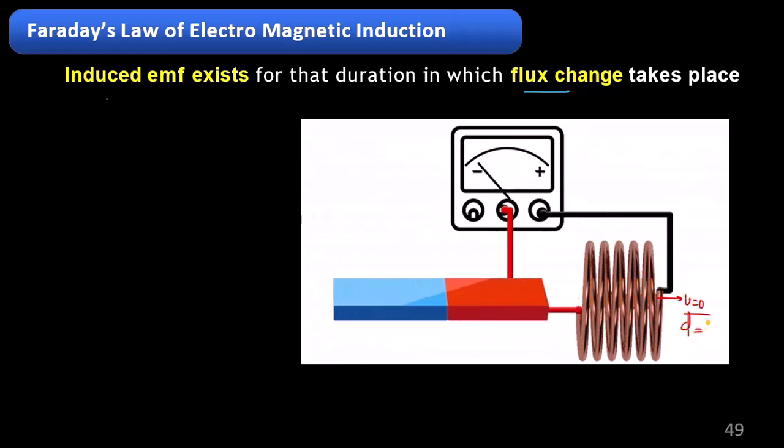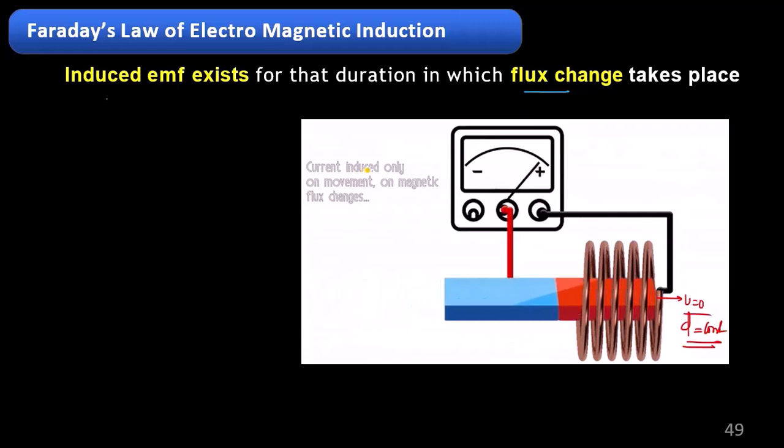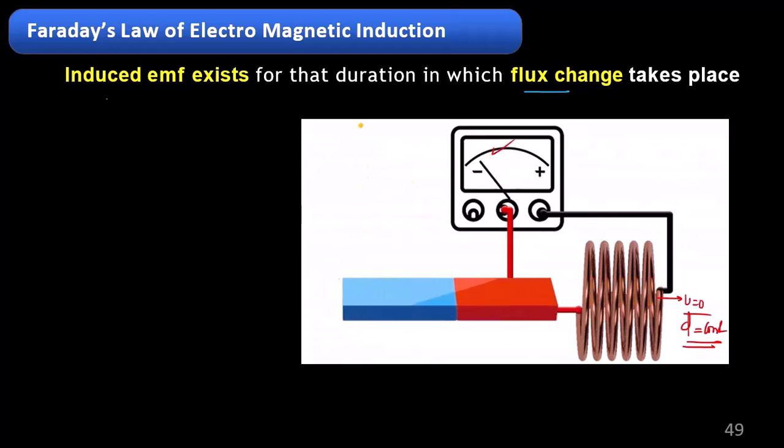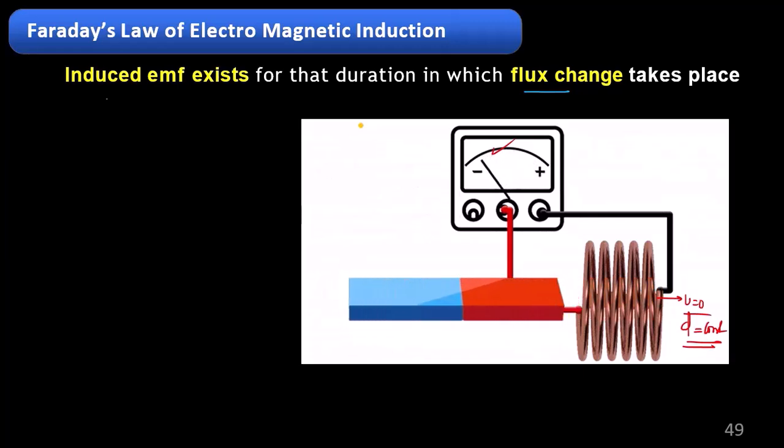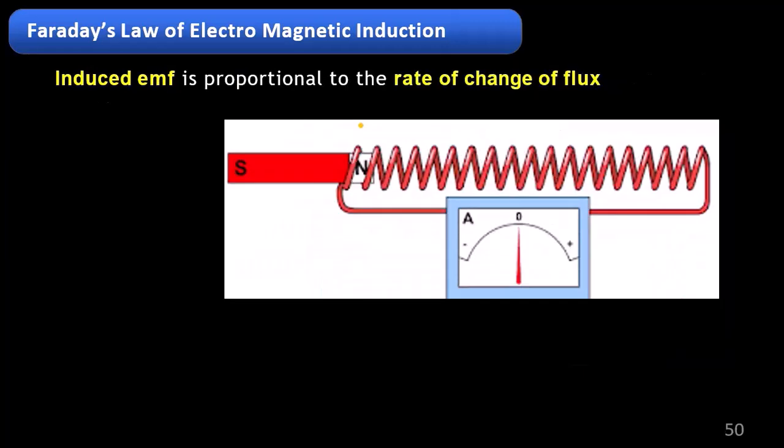The flux is constant, so for this period there is no change in the magnetic flux, and correspondingly the current I is also zero. Once I keep the magnet in a steady, fixed position within the coil, ensuring there is no change in the flux, you can conclude that in this situation I should be equal to zero. The flux is not going to change.